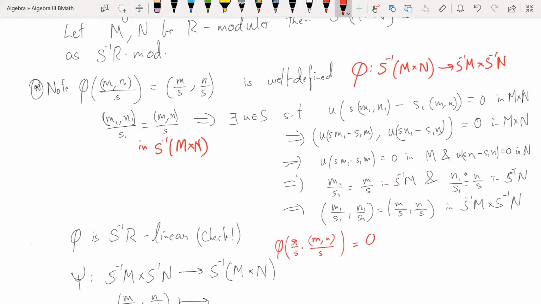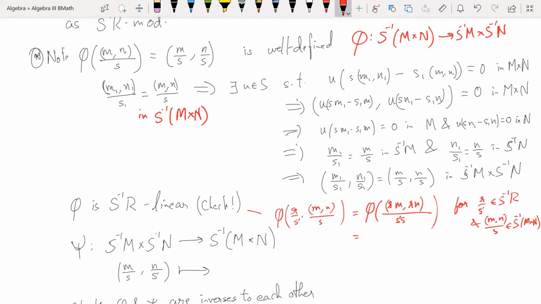Take r over s prime in S inverse R and mn over s in S inverse M cross N. Phi of this is phi of rm comma rn, since that is how component-wise multiplication happens, and by the definition of phi this is rm over s prime s comma rn over s prime s.